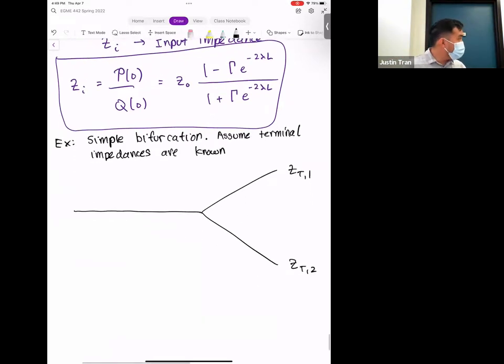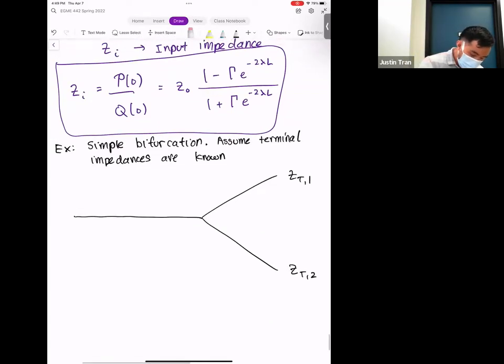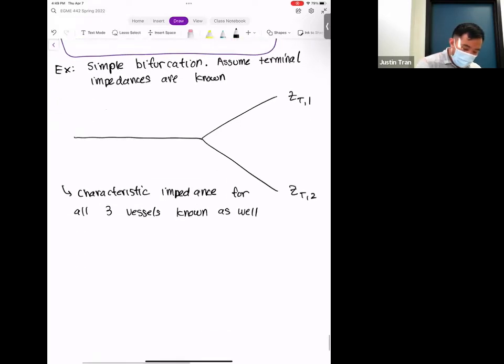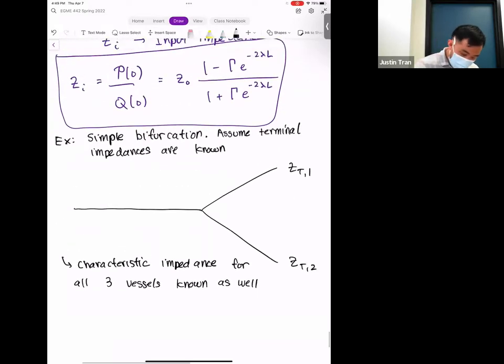And we're also going to assume we know the characteristic impedances of all three vessels as well, okay? And so we have Z0, we'll call this Z01, Z02, okay?